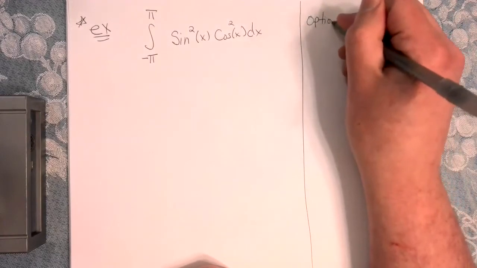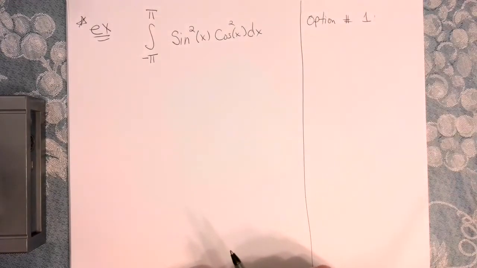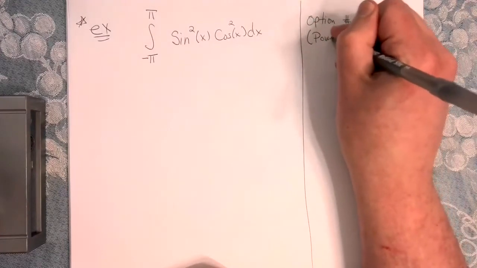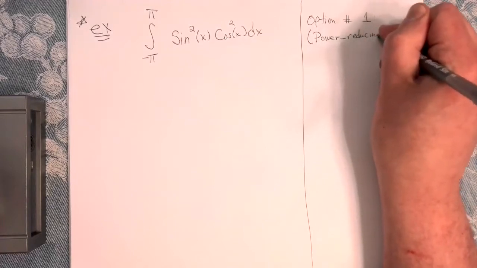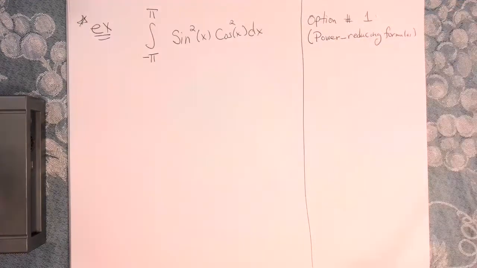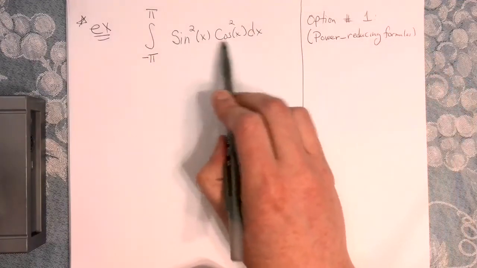So I'll say option number one to solve this is to make the following realization, right? This is to use the power reducing formulas, which come from the double angle formulas, and to realize that both of these can be rewritten.